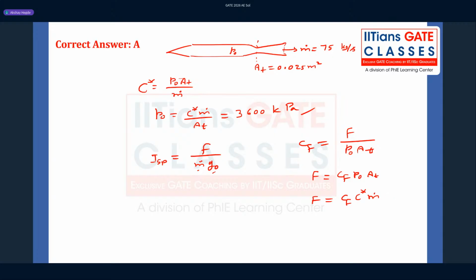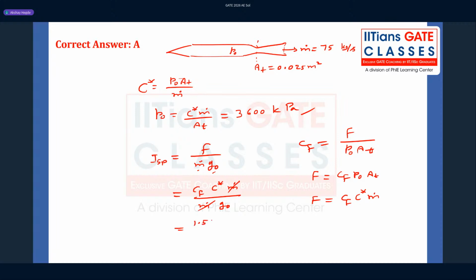It's possible that if your P naught is wrong, then this is also wrong. So instead you can express it again in terms of given numbers, so it will be easy. If I replace that, it becomes CF C star m dot divided by m dot g naught. So m dot gets cancelled. I get CF C star by g naught.